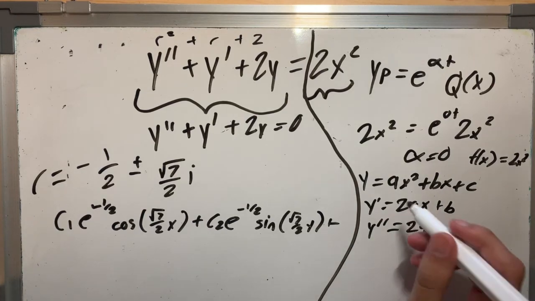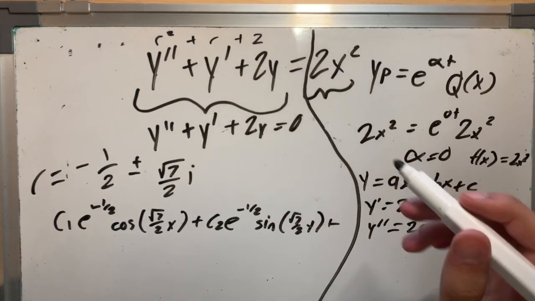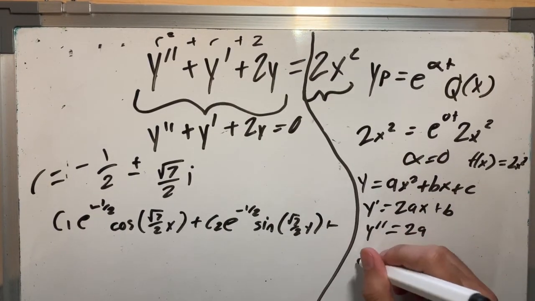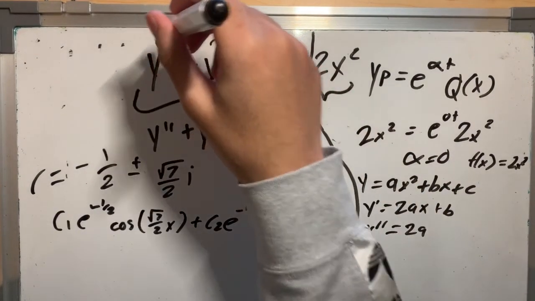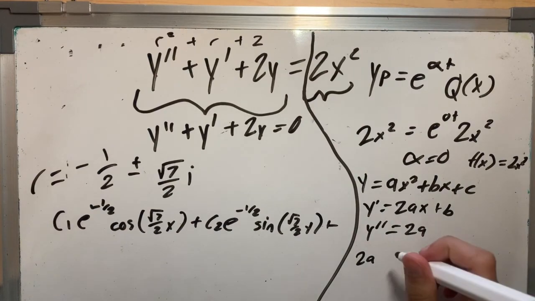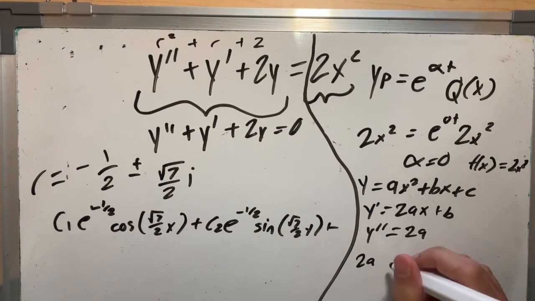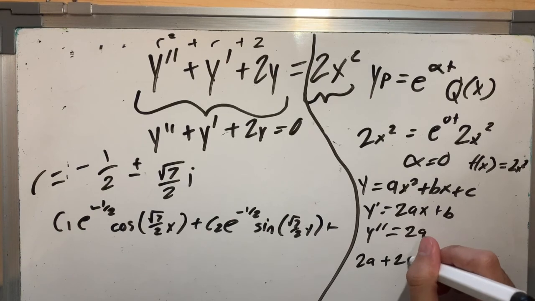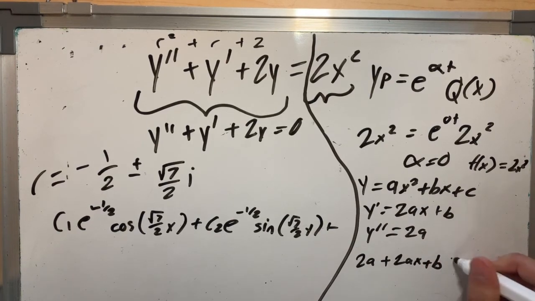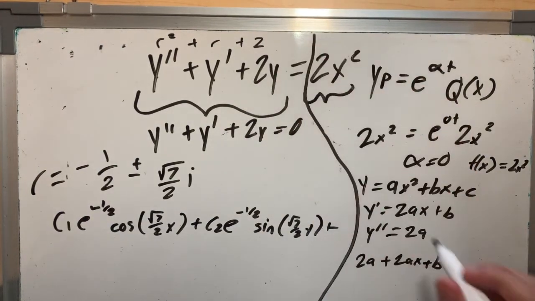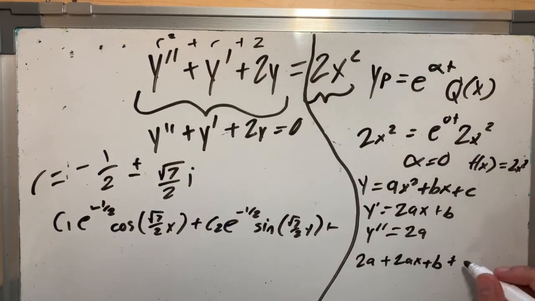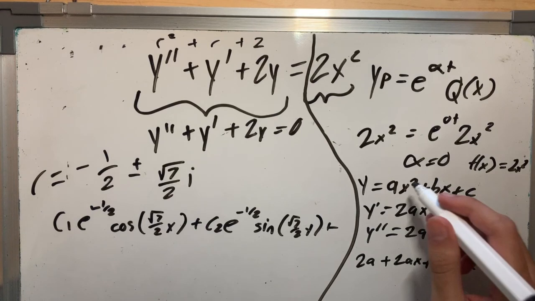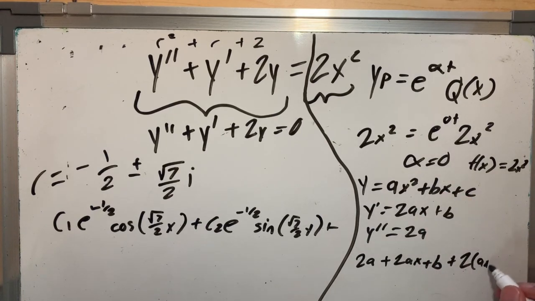So we put each one into these, but we have to put it in matching the characteristic equation's coefficients. Therefore 2a plus 2ax plus b plus, since only the last one has a 2, the rest of them are just 1s, we have to multiply our final by 2ax squared plus bx plus c.